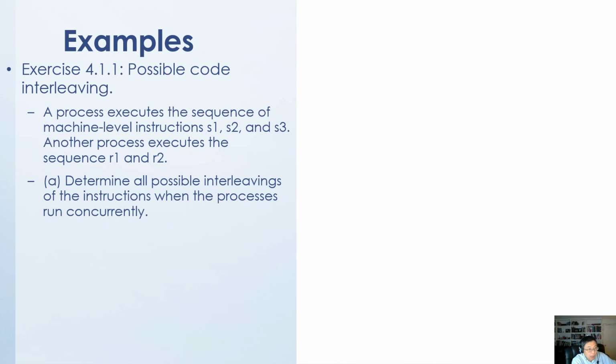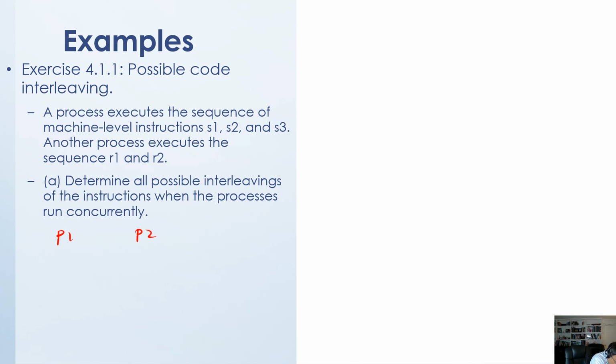Now here's the problem from zyBook. It's exercise 4.1.1, the possible code interleaving. Now we can figure out the various different combinations of these instructions in different processes. The problem is that you have two processes, process 1 and process 2.